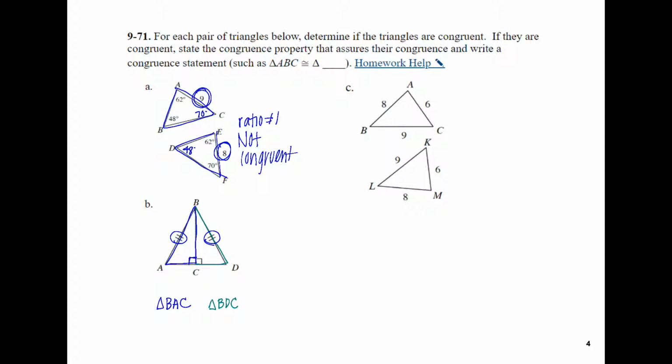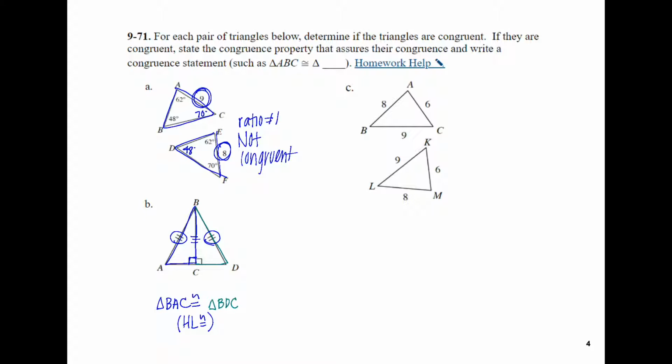We know they both have a congruent angle. And we know that this side is a shared side. So we can say that these two triangles are absolutely congruent. And we know that because of the hypotenuse-leg congruency theorem.